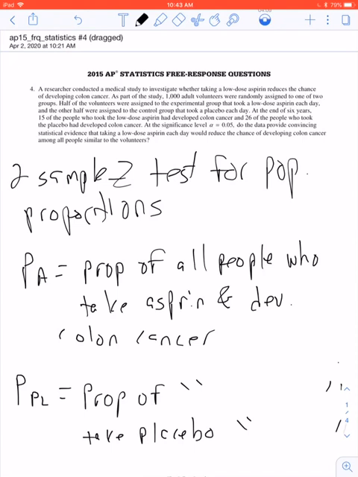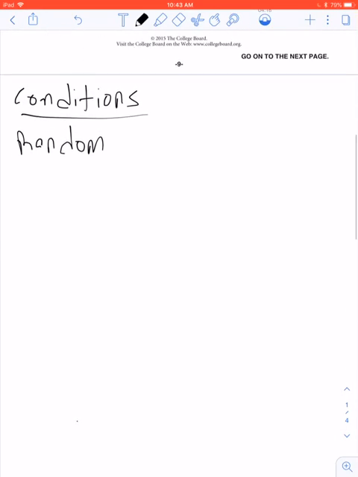So I'm going to take back what I was going to say, but we can check off that random criteria because it says that we used random assignment when we were setting up our experiment. So if we use random assignment, then I'm going to say stated here, and we are going to check that condition off.